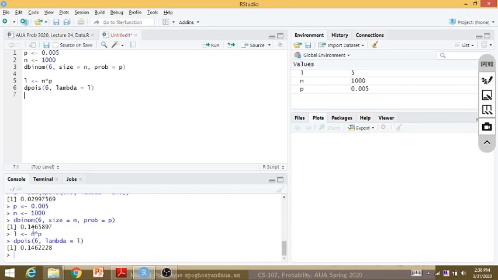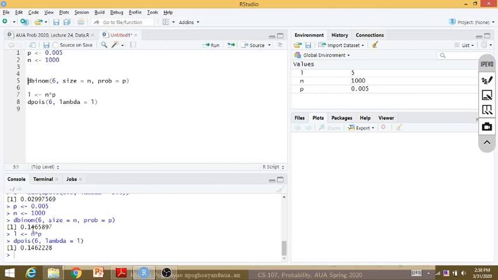In fact, let me show that by using R. Let me draw the PMF for binomial and for Poisson in this case. So for that, I have P, I have N, and I have lambda. I want to draw the Poisson probabilities first.